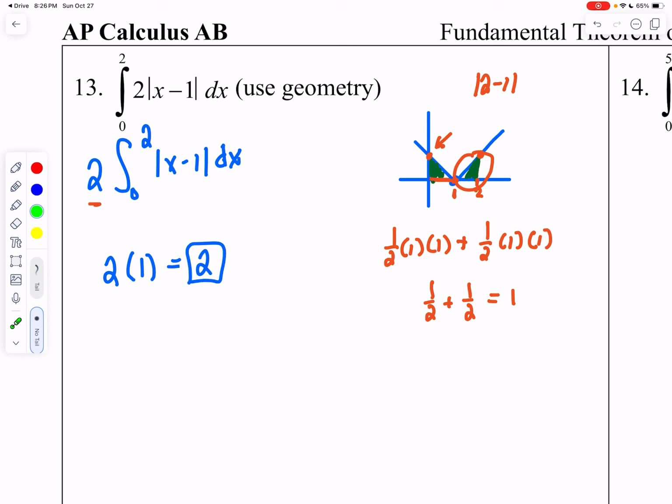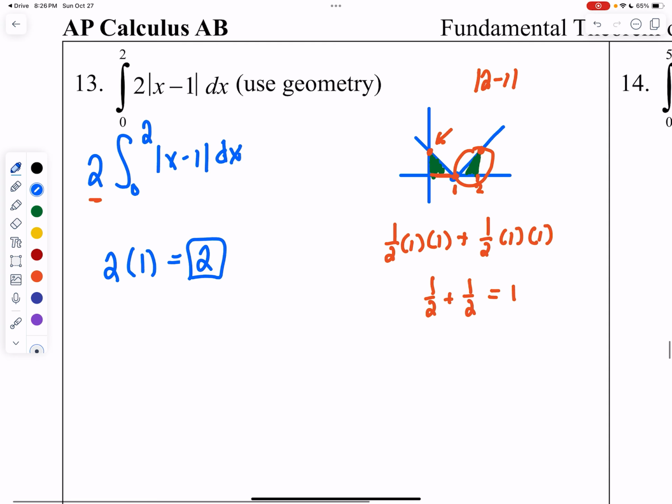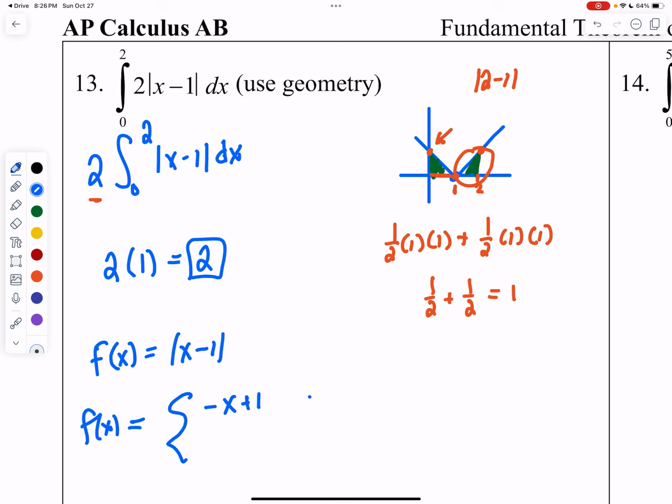And notice how this part right here from 0 to 1 is technically negative x plus 1, and then this right here is x minus 1, if I were to extend this over. So using my properties of absolute value, remember that we could write the absolute value of x minus 1 as negative x plus 1, and x minus 1.